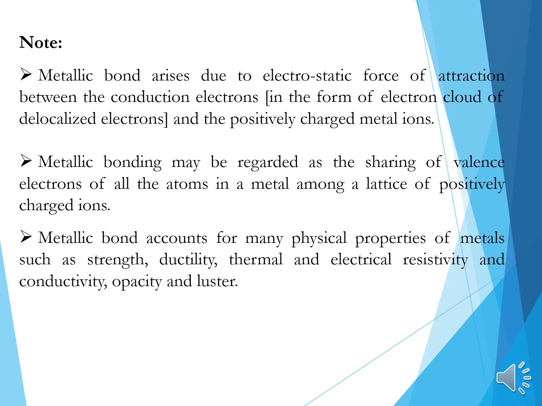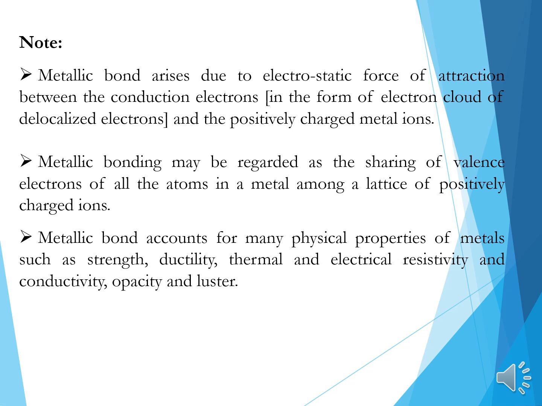It is to be noted that metallic bond arises due to the electrostatic force of attraction between the conduction electrons, or the electron cloud, and the positively charged metal ions. Metallic bonds may be regarded as sharing of valence electrons of all the atoms in a metal among a lattice of stable, immobile, positively charged ions.